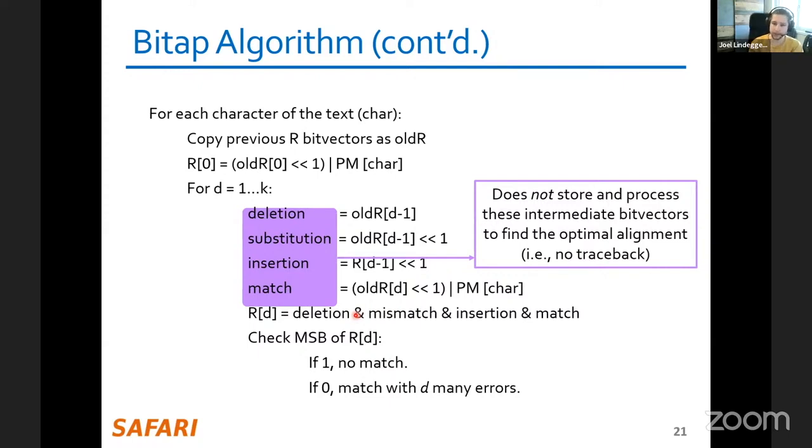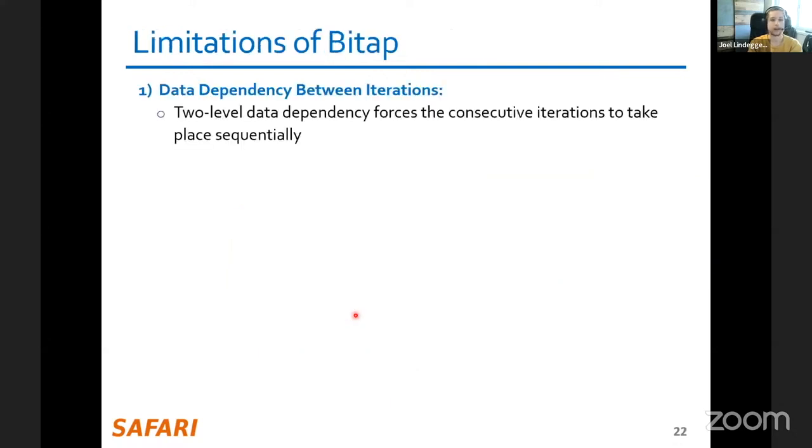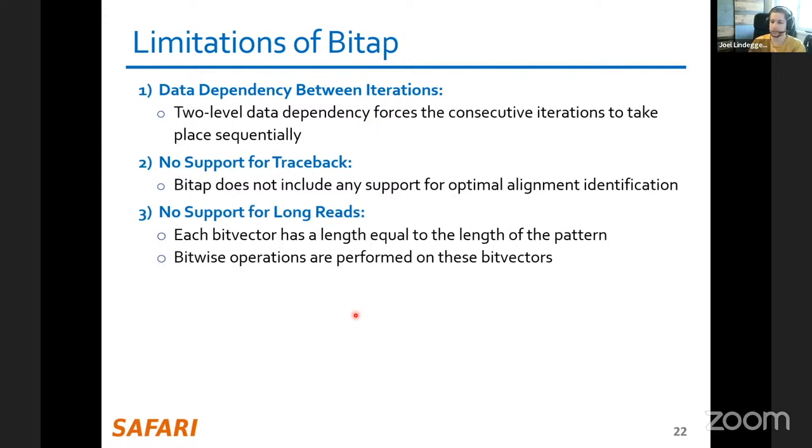It supports calculating edit distance, but it cannot support calculating how it got to that edit distance, so what that cigar string is, and we need that. So again, let me reiterate. There's data dependency between iterations. There's no support for traceback. And due to these two loops, it doesn't really scale to long reads, which can go up to millions in characters.